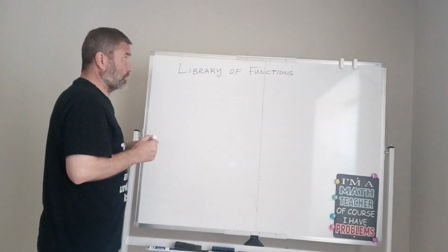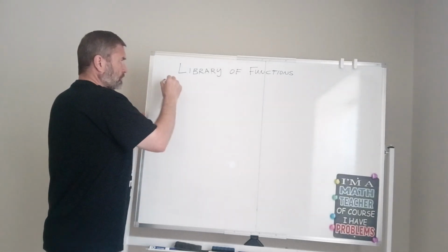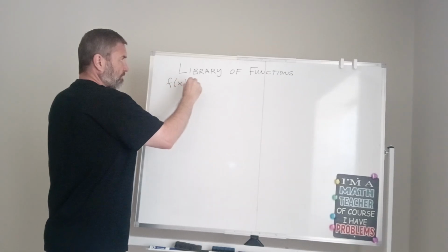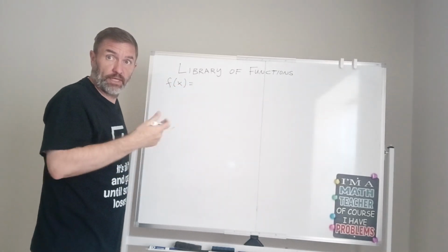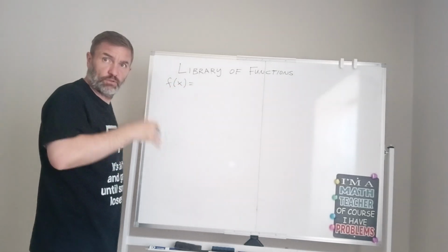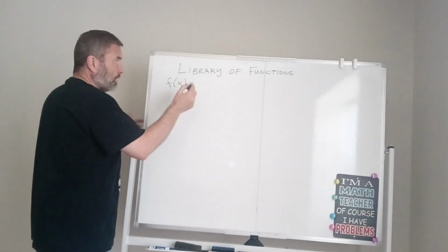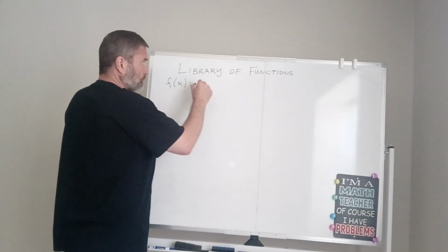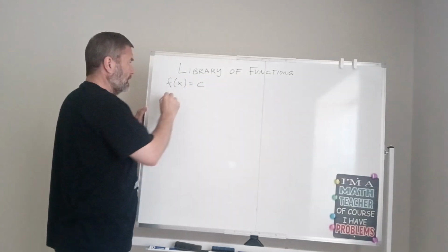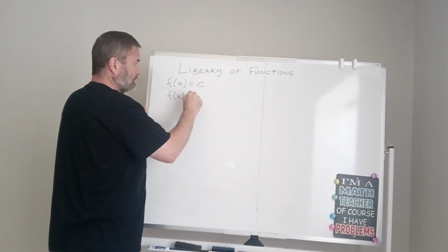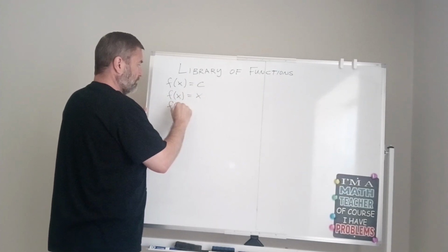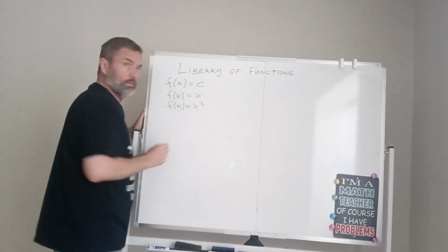Okay, so in a library of functions, the key is to know your function rule, which is usually f of x. Of course, we could also use g of x, h of x. Don't get locked into the f so that if they change it, you can't see it. But now you got your function rule. So the first one is a constant, so just some c, right? And then we have our base function f of x equals what? x. f of x equals x squared, okay?